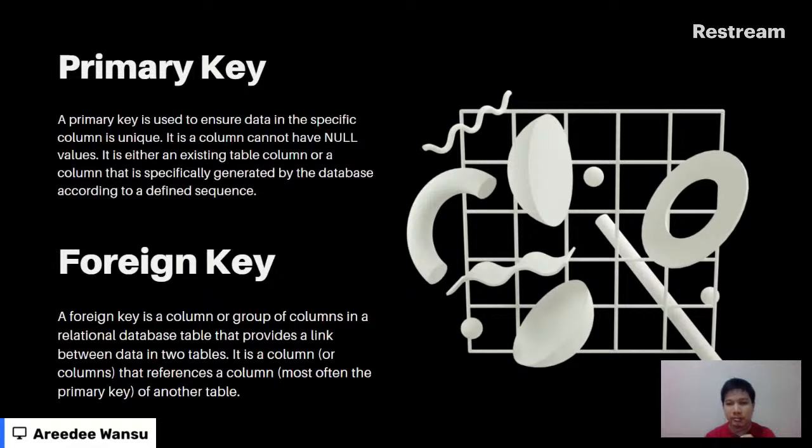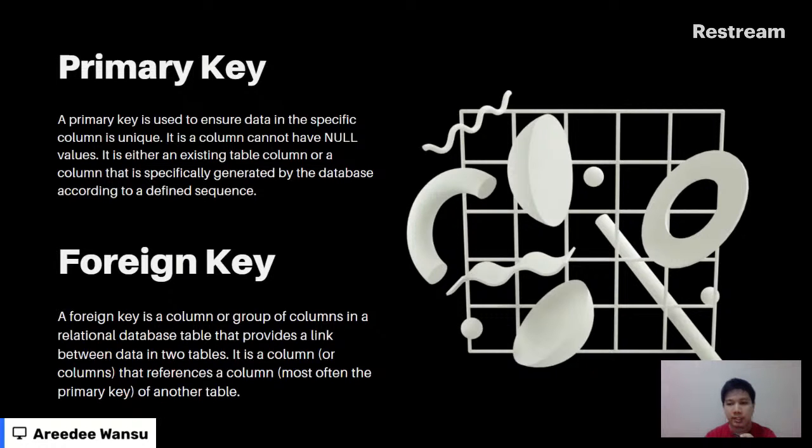A foreign key is a column that creates a relationship between two tables. The purpose of the foreign key is to maintain data integrity and allow navigation between two different instances of an entity. It acts as a cross-reference between two tables as it references the primary key of another table.